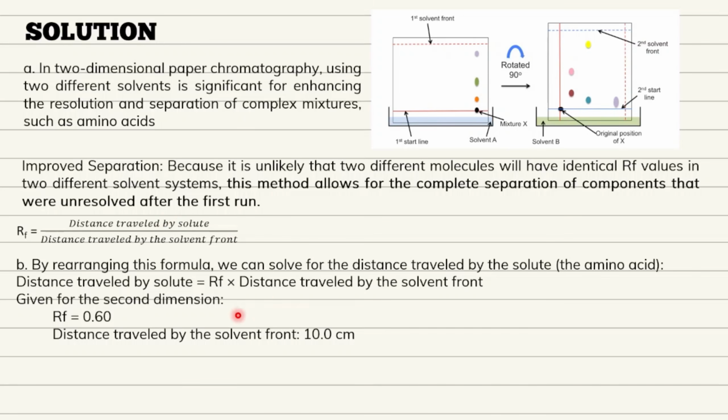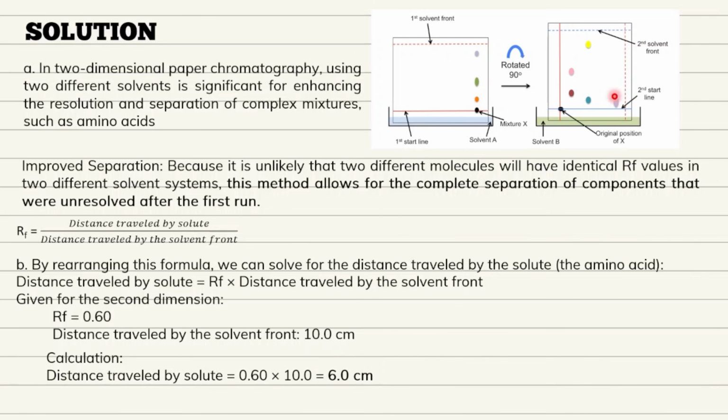So we rearrange the formula so that the distance traveled by the solute is equal to the RF times the distance traveled by the solvent front. We have our RF to be 0.6 in the second run, and then the distance traveled by the solvent to be 10.0 cm. So just multiply and we get 6 centimeters.